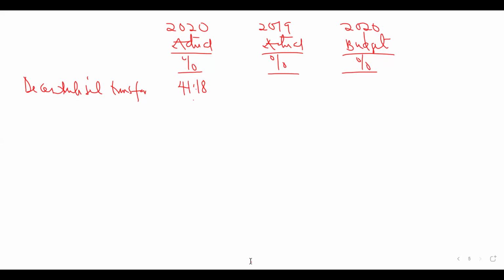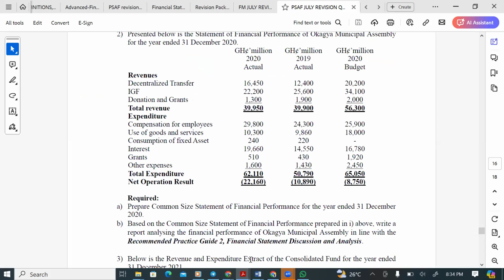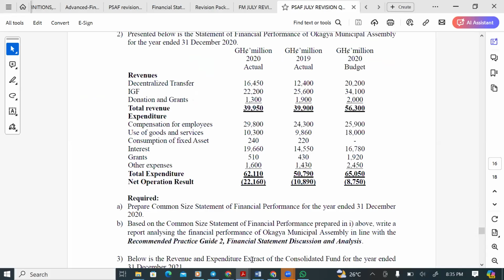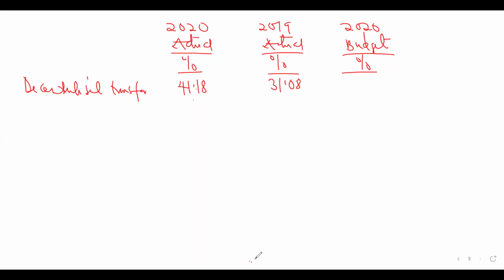That will be 31.08. The budgeted amount is what? 35.88. Okay, 35.88.